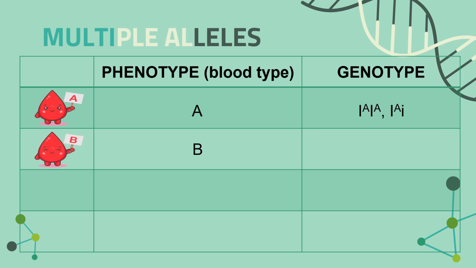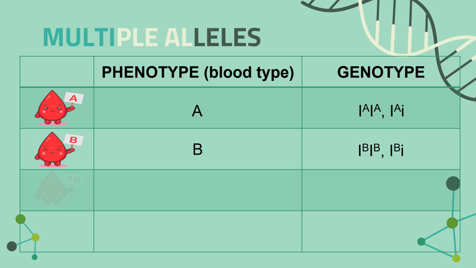What about for type B? What are the possible genotypes? Same with type A, I^B is dominant over lowercase i, so the possible genotypes will be the following: I^B I^B and I^B i.